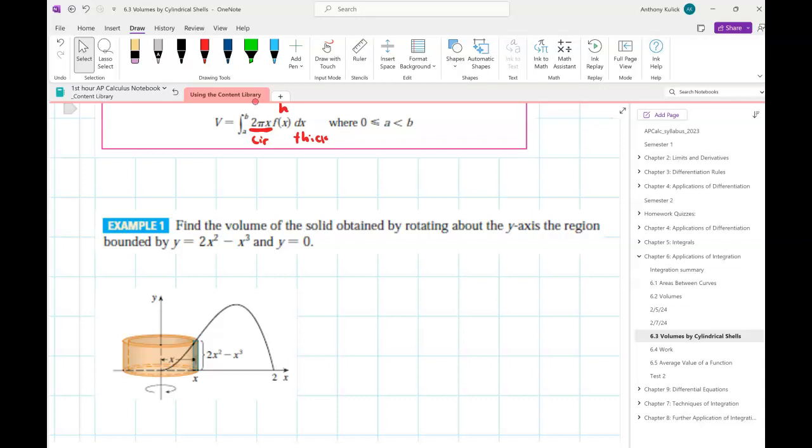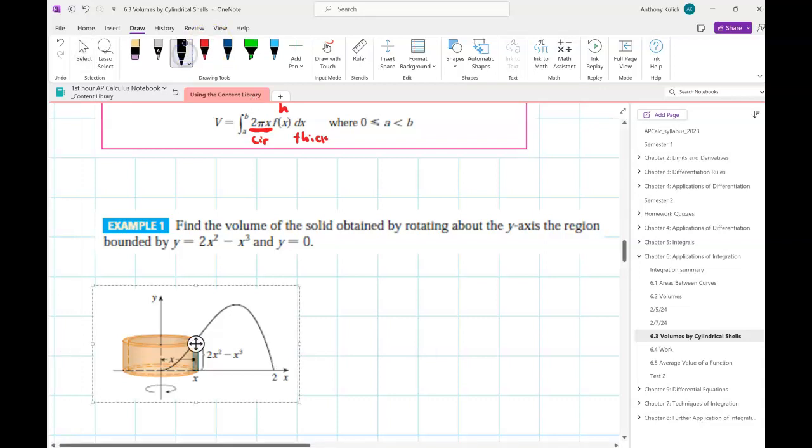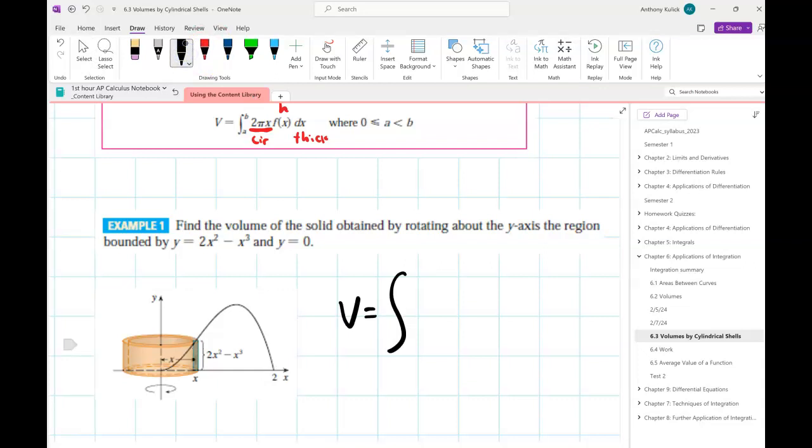So I snagged this picture from the book because I think this really helps understand the setup. So at any value x, the height of that cylinder is going to be the y coordinate, which is just our function, right? You guys can see that?